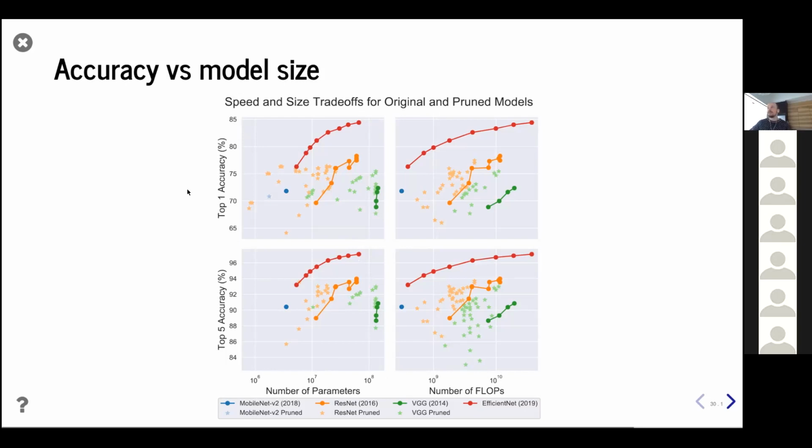This is all ImageNet based as well. So for example, orange here, we can follow a standard ResNet, where if you move up in parameter counts, you find this curve of models gaining higher and higher accuracy.